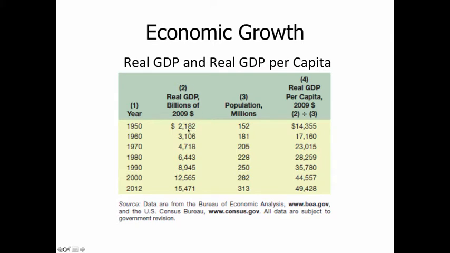So 2.1, 2.2 trillion in 1950 to 15.5 trillion in 2012. And how real GDP per capita has gone from roughly $14,300 in 1950 to almost $50,000 in 2012.